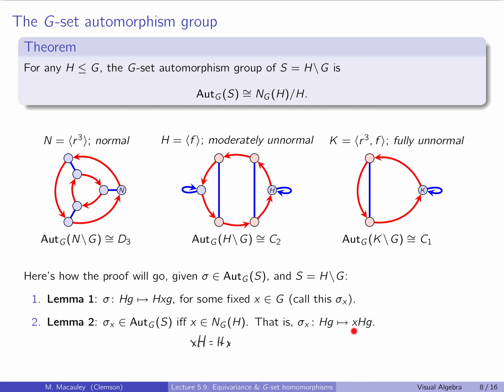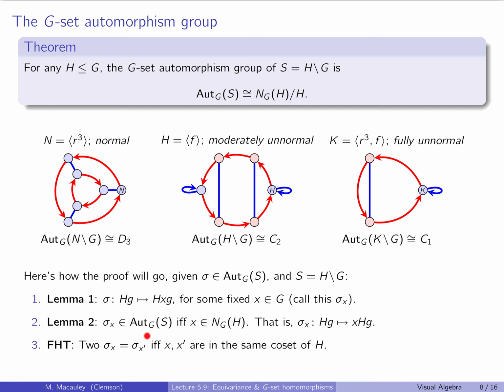And notice how left multiplying by x commutes with right multiplying by g or by anything else. And finally, we will show that two of these maps, sigma x and sigma x prime, are the same if and only if x and x prime, the corresponding elements, are in the same coset of H. Now, we don't quite phrase it like this, but it's equivalent.